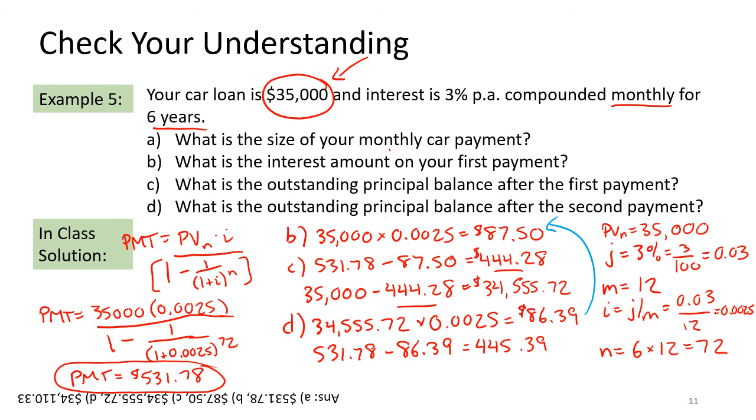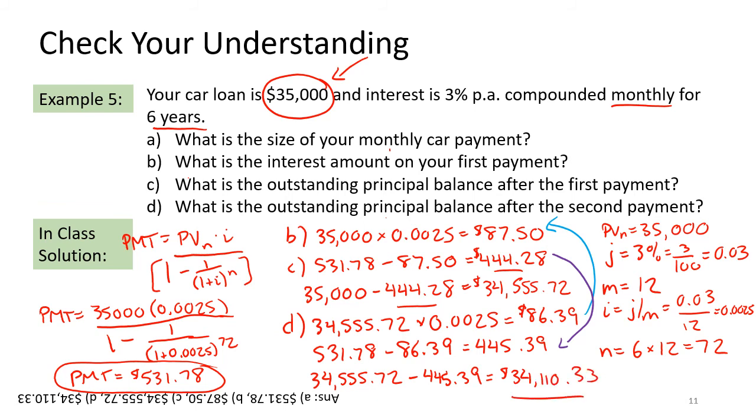Again, as you can tell, it's a little bit higher, right? Because we're paying off a little bit less interest. So finally, our outstanding balance must be $34,555.72 minus this principal, $445.39. And if we do that, we get $34,110.33.